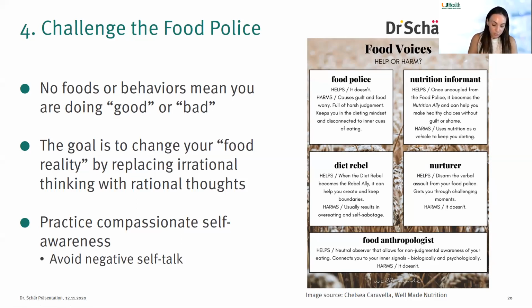The food police is that voice that is the diet rules. I grew up in a household where my mom was always on a diet. To this day, my mom is always on a diet, and she has all these rules like, oh, well, I had a bagel for breakfast, so I can only have a salad for lunch.